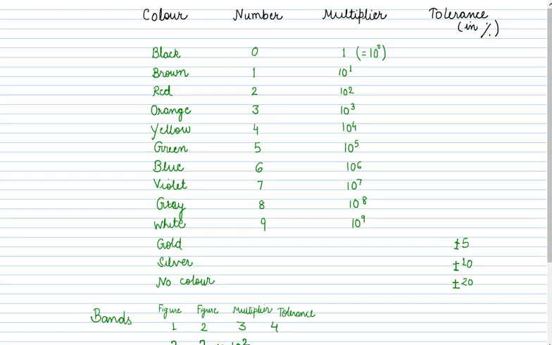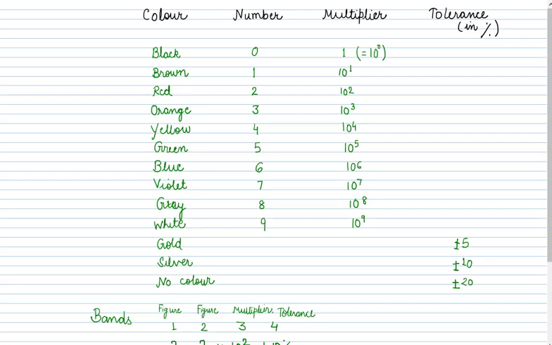Then the tolerance: for any other color you need not write it down, you have only gold, silver or no color. Say the fourth band is silver, which corresponds to plus minus 10%. So if you have red, red, red and silver, then you have 22 into 10 to the power 2 and the tolerance is plus minus 10%.